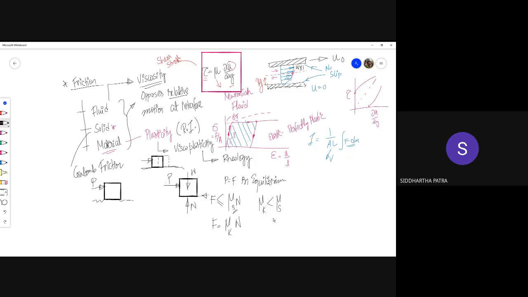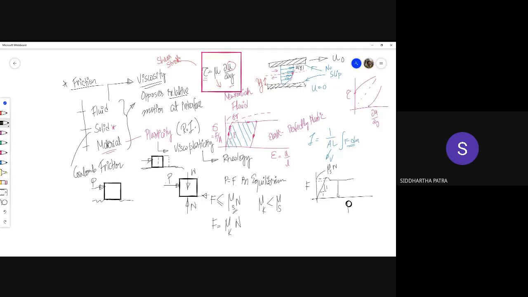Slightly. So this is what happens if I plot F versus P. Initially they are the same. Then you go past the critical value, which is mu s times N, and then it slightly decreases and becomes nearly fixed.